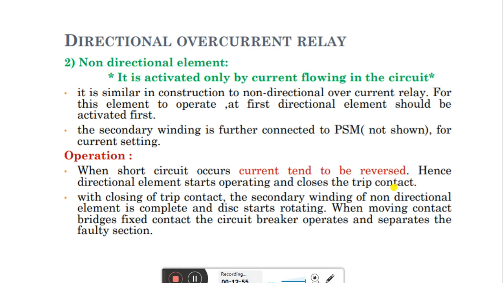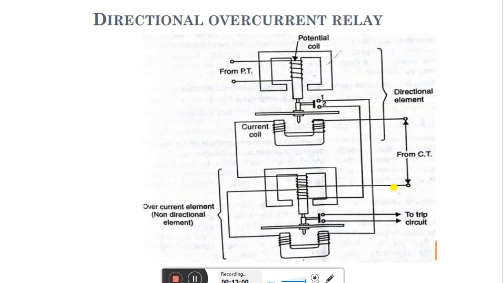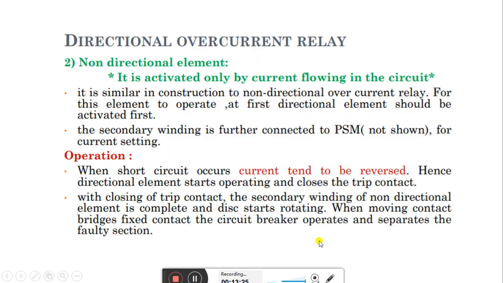As I told you in the previous diagram, whenever a short circuit takes place, the direction of current reverses. First the directional element starts operating, and as soon as it starts operating, these contacts bridge and supply is extended to the lower side of this current coil. The same thing is written here.